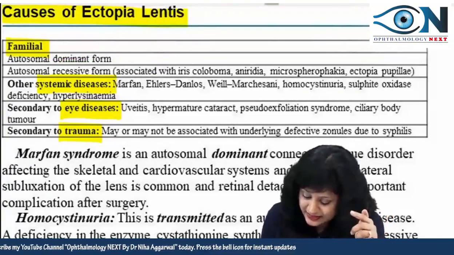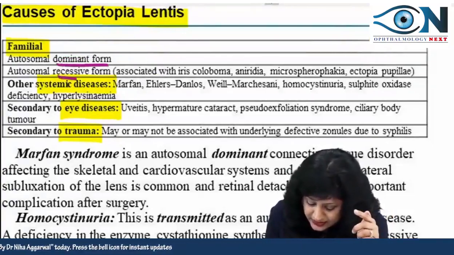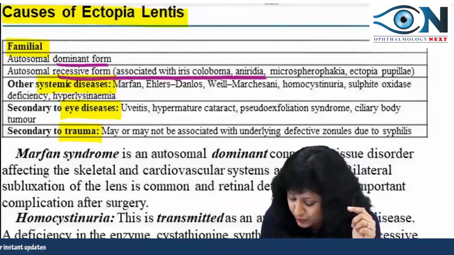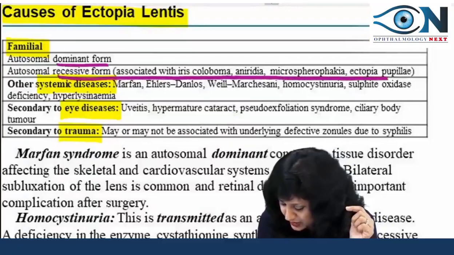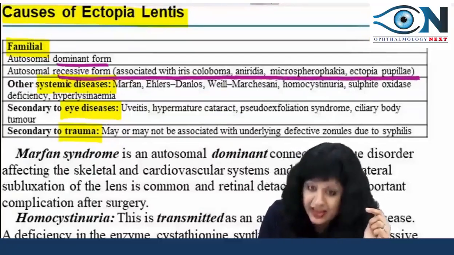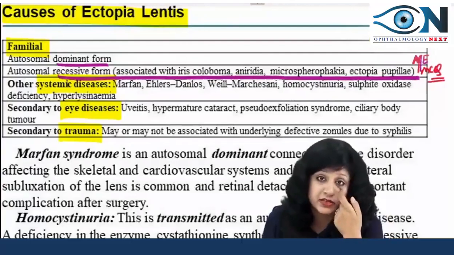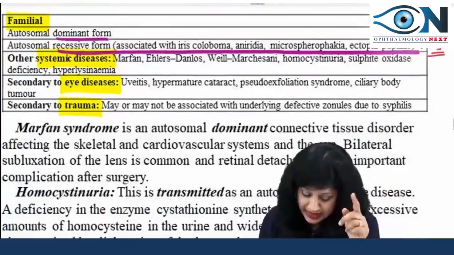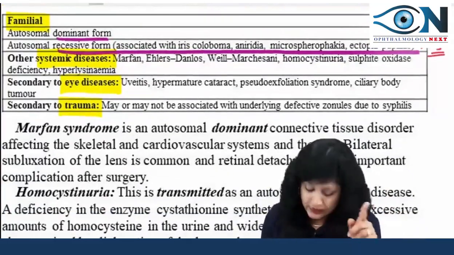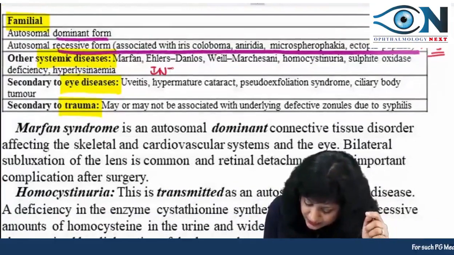So let's see the recessive one. Okay, the recessive ones are associated with iris coloboma and aniridia, microspherophakia and ectopia pupillae. Why have I underlined this? It could be an all except MCQ, which of the conditions can be associated with the recessive pattern. Then I can have the systemic diseases. So this will give you the integrated questions.